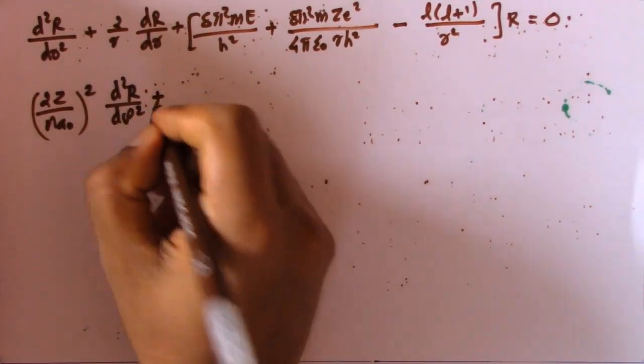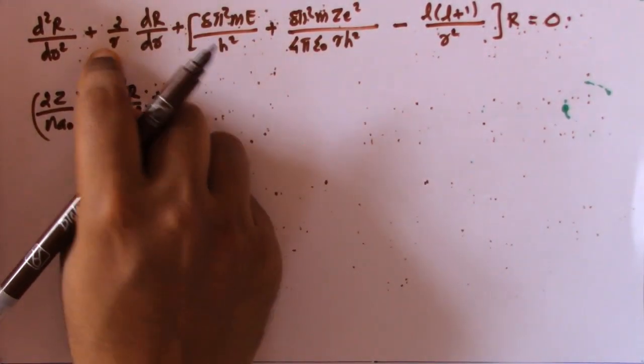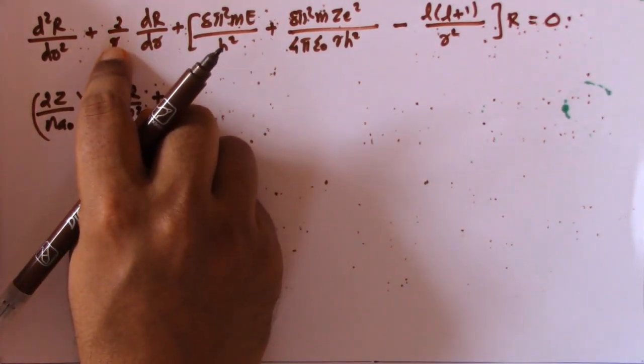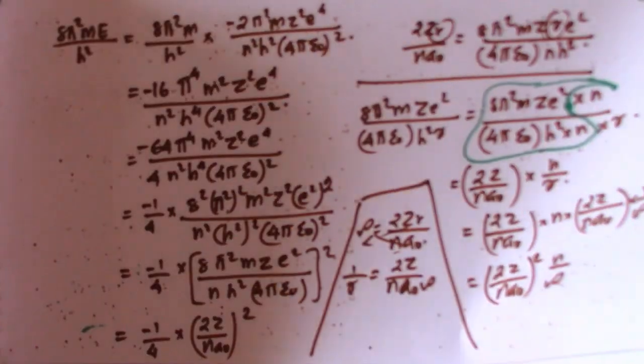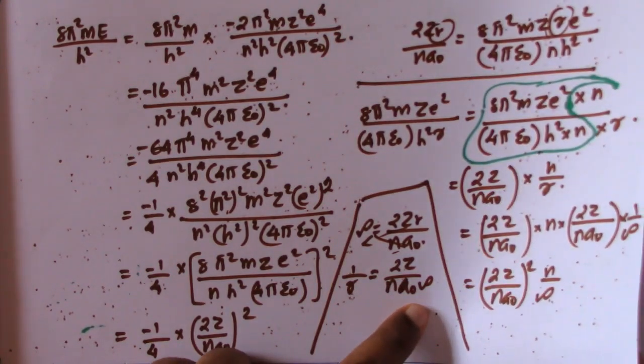Plus 2 by r: we have to substitute for r also here, 1 by r, which is 2z by n a0 rho.